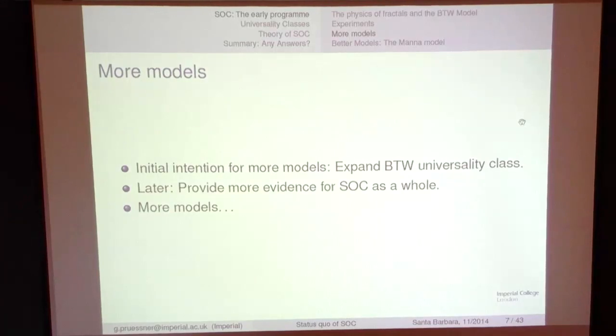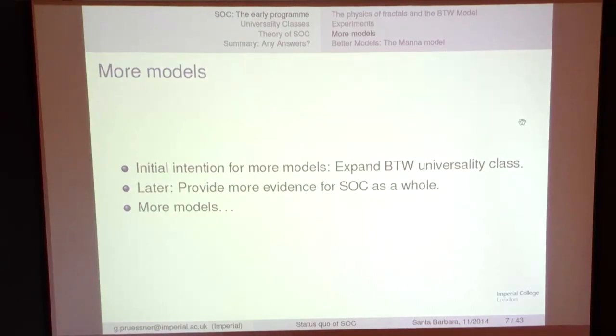But initially there were lots and lots of models, and initially in the literature, at least in the late 80s, early 90s, there are lots of papers that say, here's another model that belongs to the BTW universality class. And when measurements got more accurate, these papers turned into, look, here's another model, but it's not in the BTW universality class, it's a new universality class.